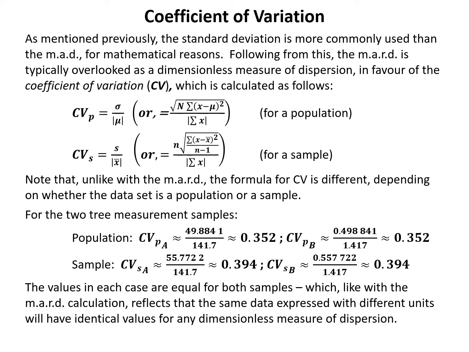So the denominators are the same in these alternative formulas, but the numerators are slightly different, again, because of the fact that we use n-1 instead of n for calculating the standard deviations.